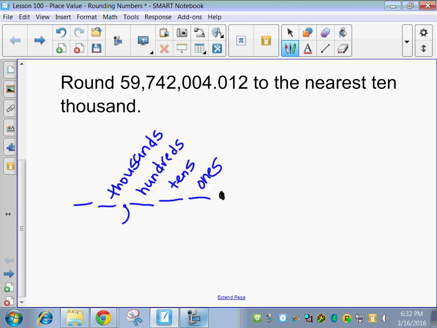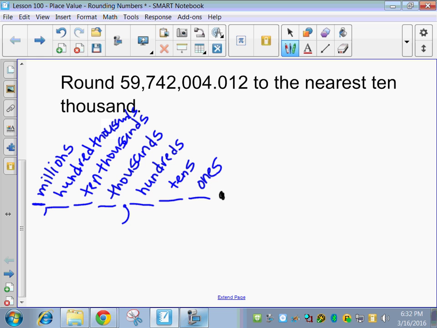And then the next spot over would be the 10,000s. And the next spot over would be the 100,000s. And then we have a comma and the millions. Then it goes 10 millions, 100 millions, billions, right?